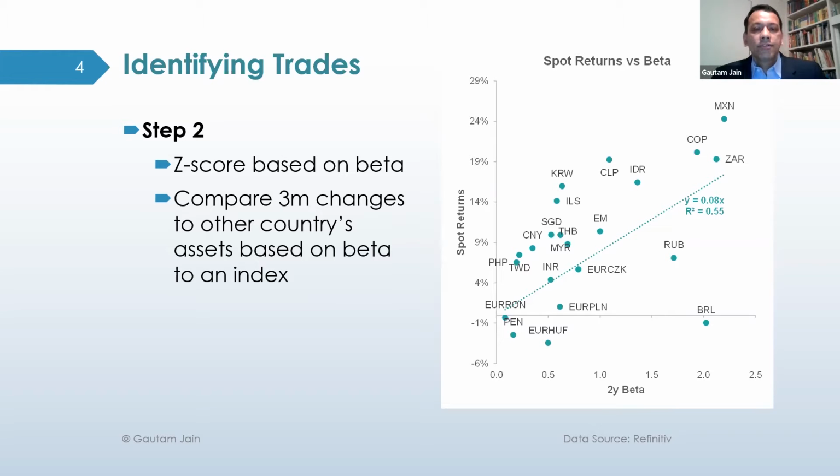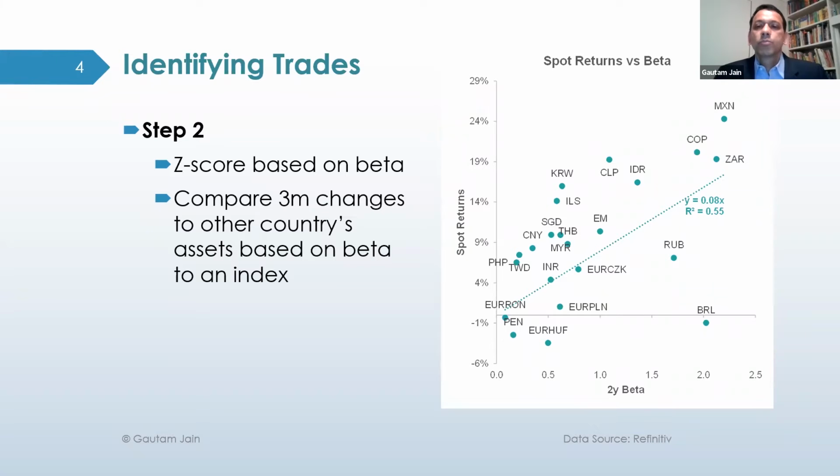Now that I have looked at the outliers relative to their own history, what I do next is find the outliers when I compare an asset to other emerging market assets. For example, if I'm looking at a currency, I compare it with currencies across emerging markets. Same thing with rates. When I'm looking at a specific rate, I compare it with others.